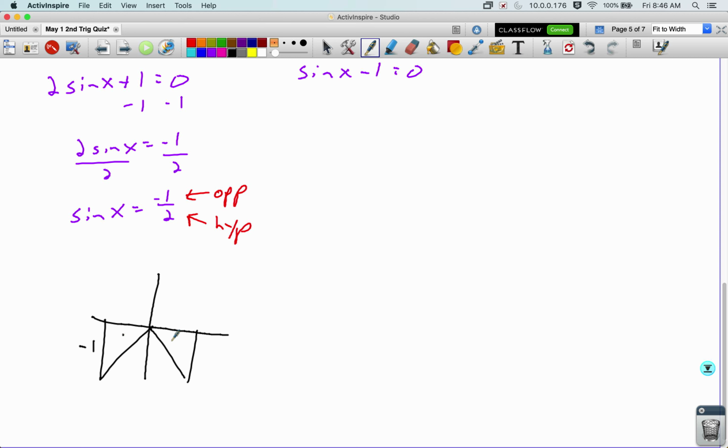Here now the opposite is negative 1 and the hypotenuse is 2, meaning that this side length here must be the square root of 3. Technically this one's negative. The side opposite of the 1 is always the 30 degree. And this is a 30, 60, 90.